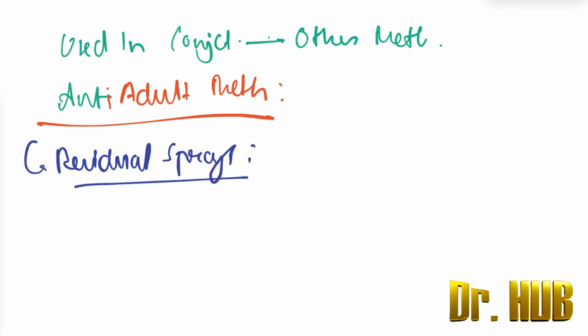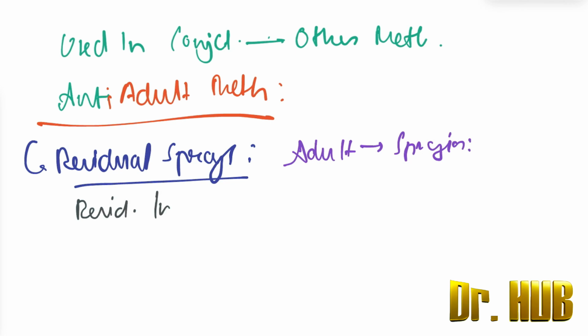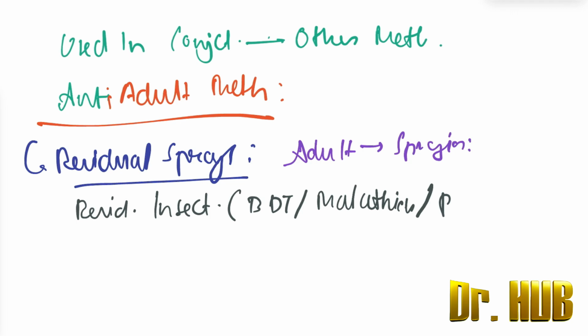Adult mosquitoes can be controlled by spraying with residual insecticides, such as DDT, malathion, propoxur, and gamma HCH, which is lindane.